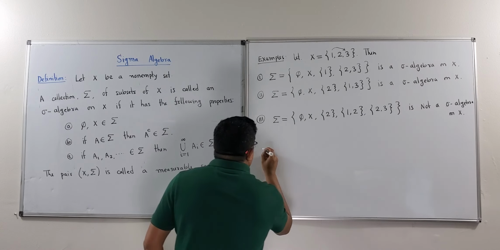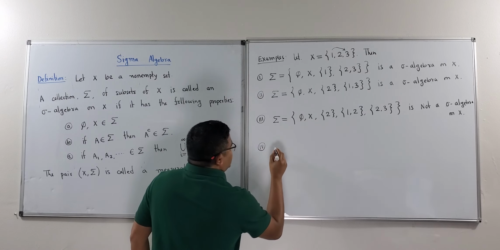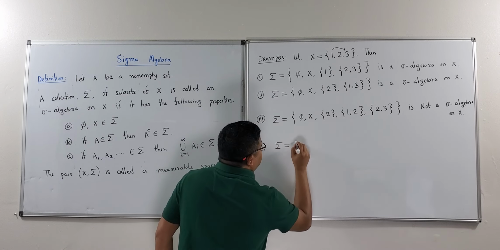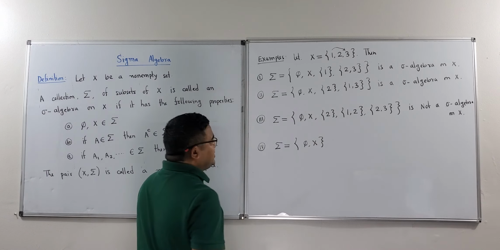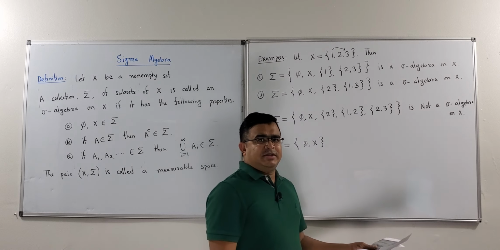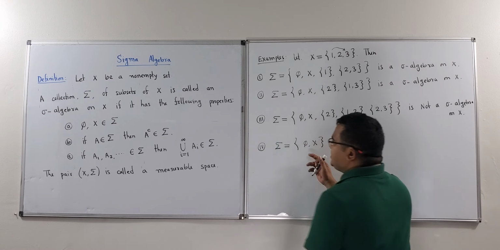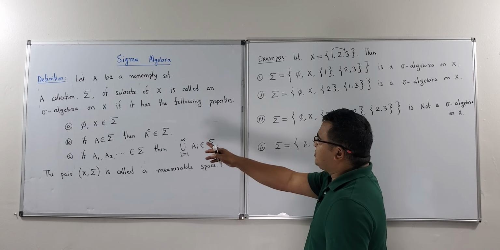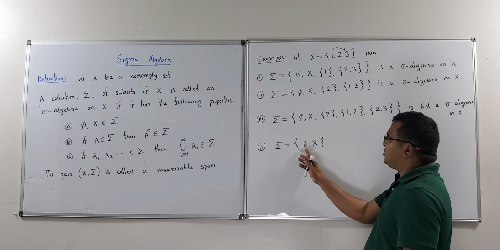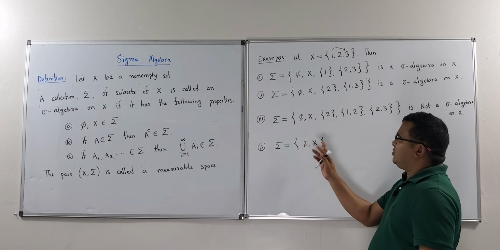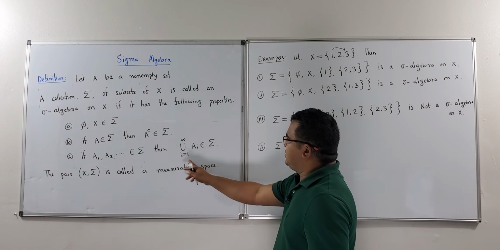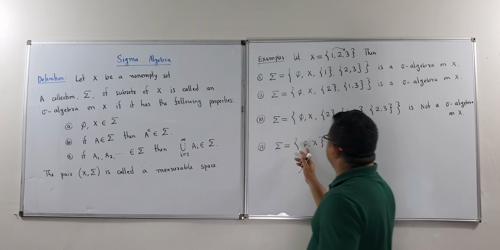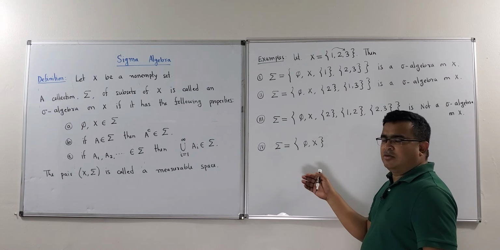Now if we consider this one, the empty set and X, this is also a sigma algebra on X. This is a trivial sigma algebra because it satisfies the first property. It also satisfies the second property because the complement of the empty set is X and the complement of X is the empty set. It also satisfies the third property because the union is X, the whole set.